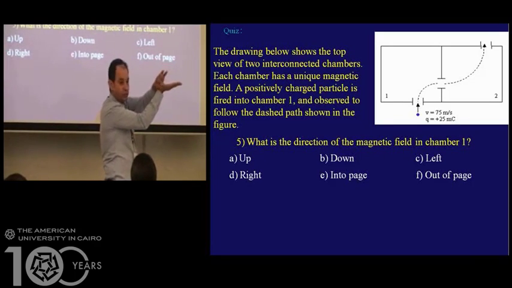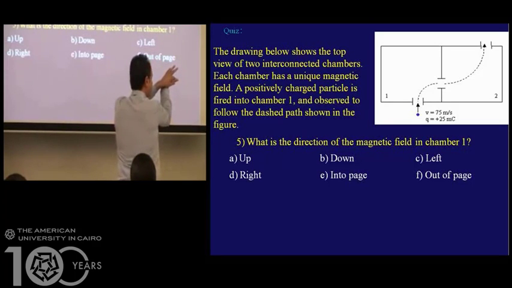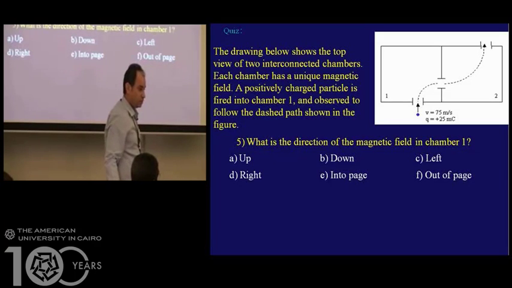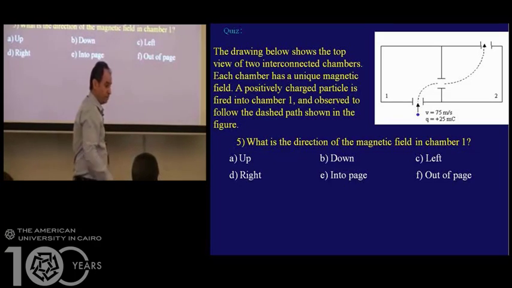So the force is up, the motion is right. What is the direction of the magnetic field? Do it again. But now the motion is down.